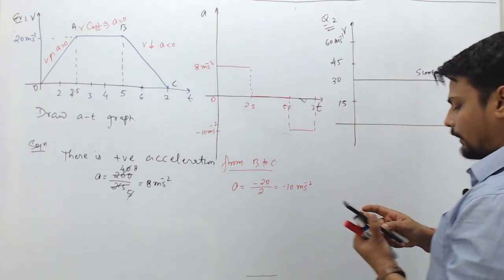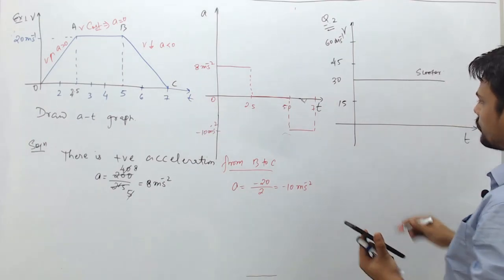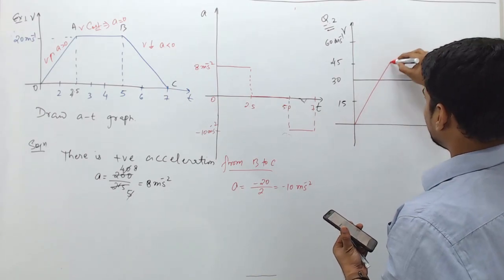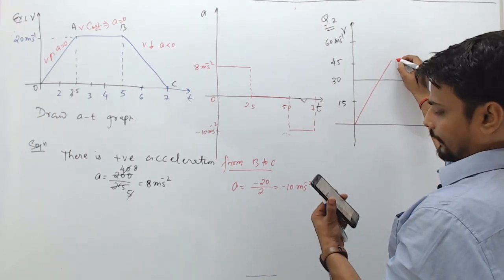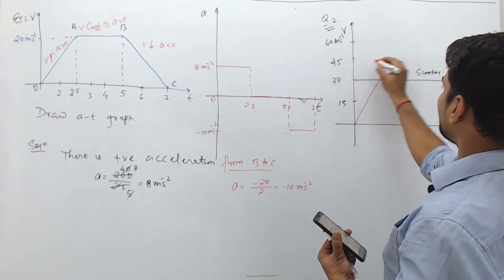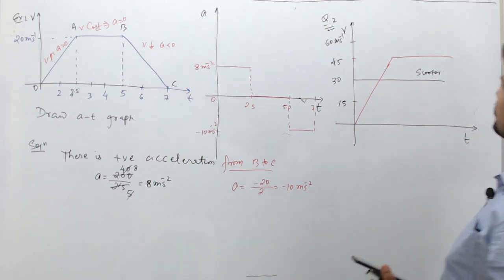And we also have a car, whose graph I'm going to show you is going to be like this. It first accelerates, and then it starts moving at a constant velocity of 45 meter per second. So it's moving at 45 meter per second.